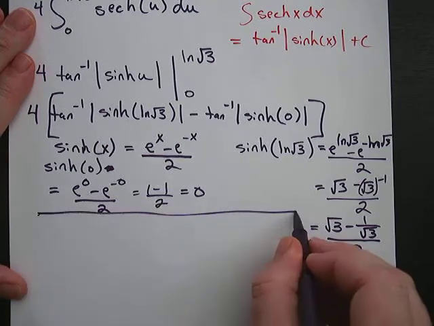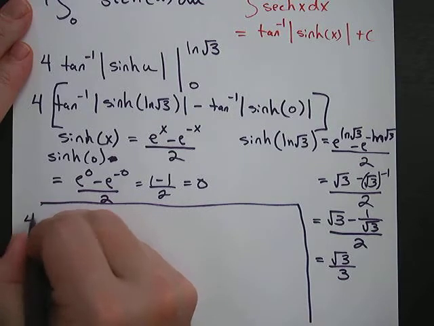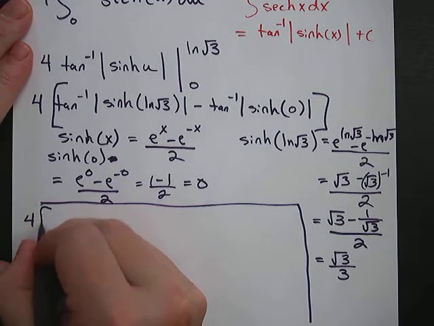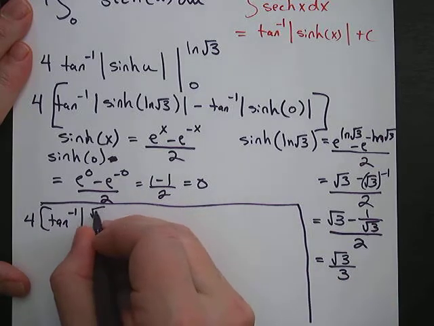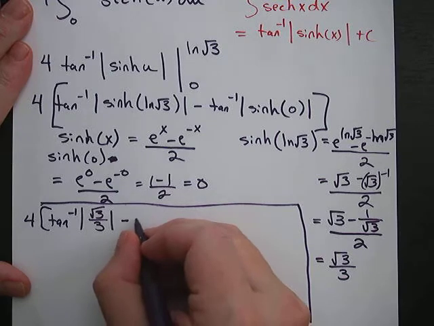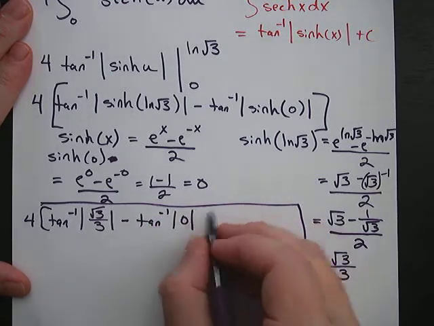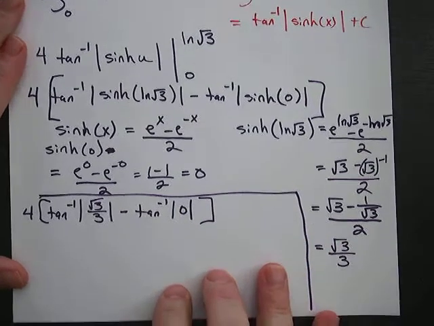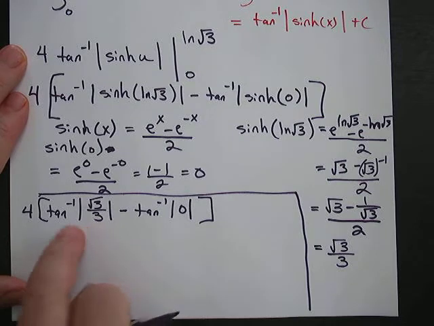So I have the 4 out front, and then I have tangent inverse absolute value of square root of 3 over 3 minus tangent inverse of 0. Okay, again, you need to reference your unit circle for tangent. So where is tangent equal to square root of 3 over 3?